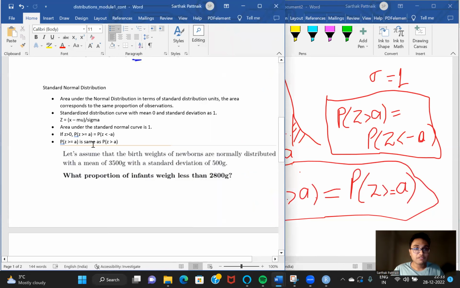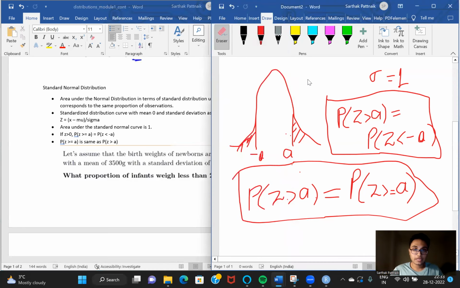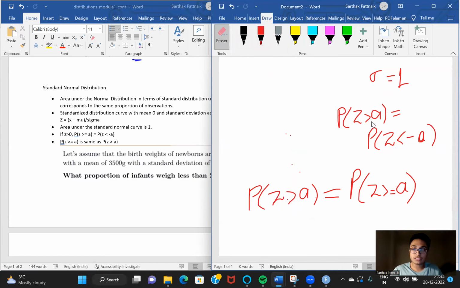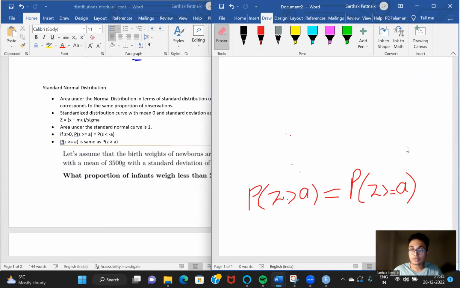Now, finally, we have understood these properties. Now we'll look at one example over here. It says, let's assume that the birth weight of newborns is normally distributed with a mean of 3,500 and a standard deviation of 500. What proportion of infants weigh less than 2,800? First things first, we have to do it using standard normal distribution. You can also do it using normal distribution because that is something we have already understood.